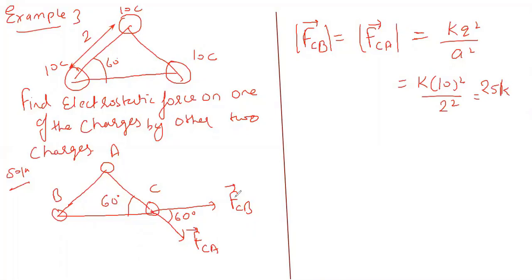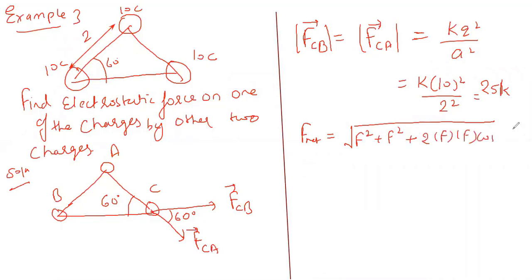Now once again the question comes, because these two are vectors and they are at an angle of 60 degrees, we cannot add them simply, we have to add them vectorially. So for the vector addition, once again we'll apply the law of vector addition. F net will be equal to the root of f square plus f square plus 2f into f into cos 60. This time the angle between them is 60 degrees.